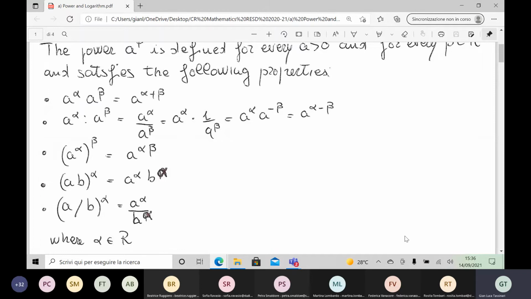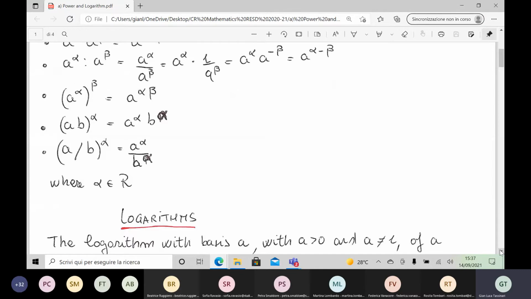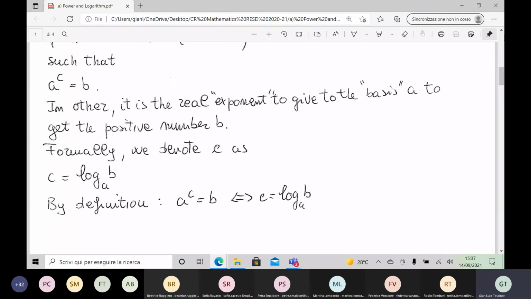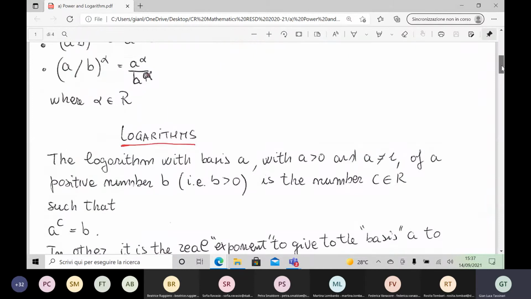Now, logarithms, which are an enemy for several students, but a logarithm has nothing terrible, nothing special. It's a simple operation.